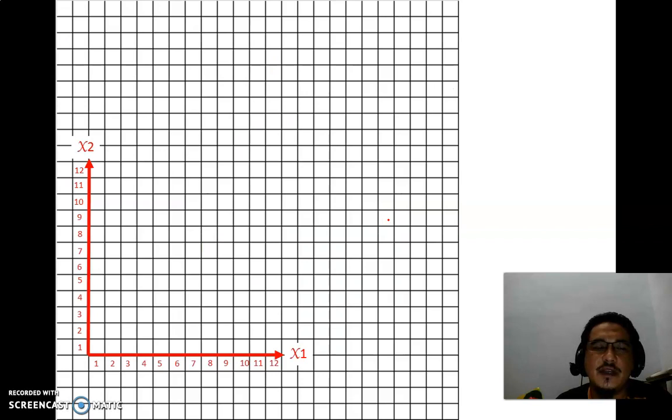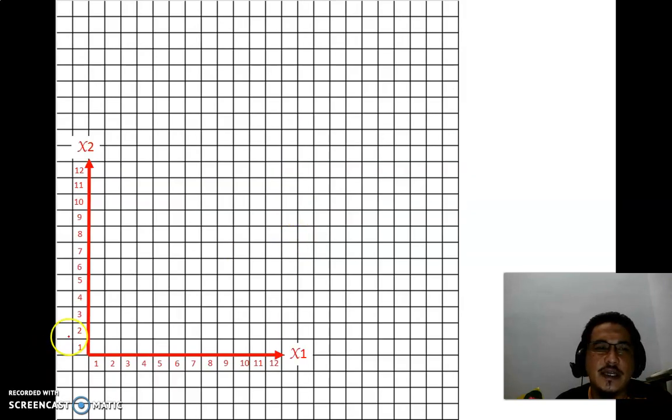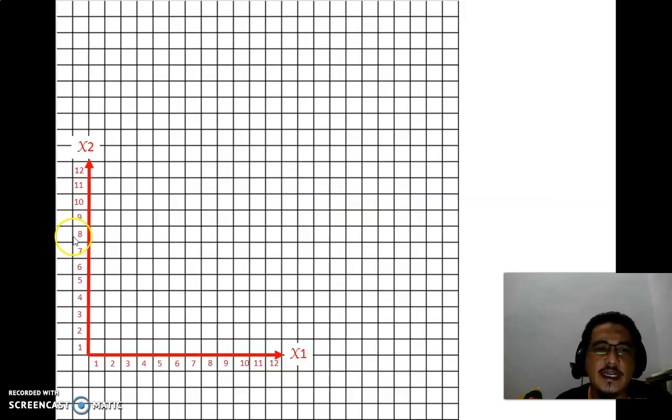Okay, so now we plot the graph. The maximum numbers here are 12, 4, 10, 5, so we can use a maximum of 12 and 12 for the graph: s1 is 12, s2 is 12. We only have two constraints here, so in our graph we only have two lines.